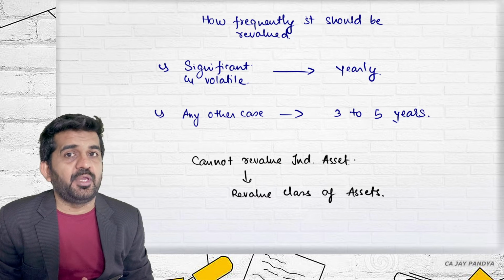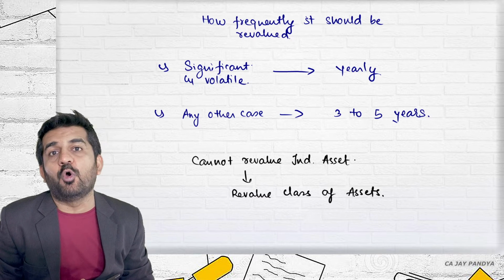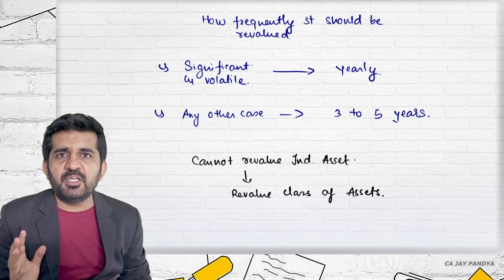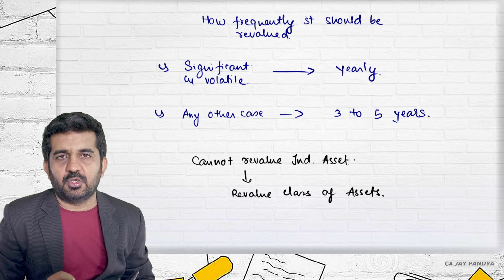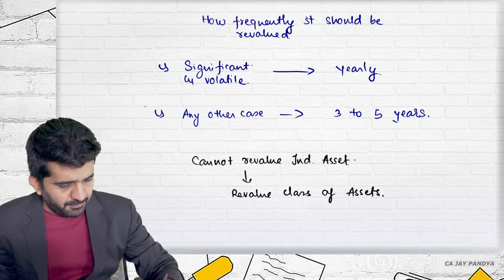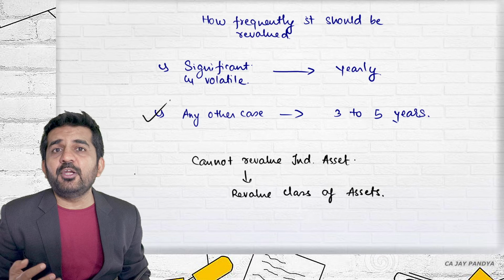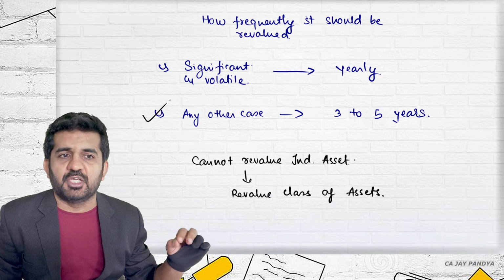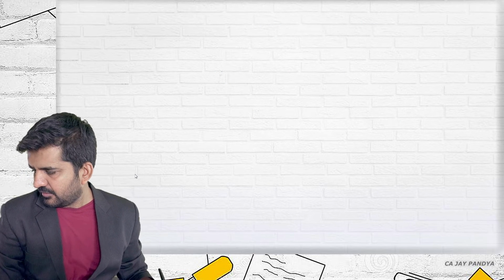If you are revaluing your one computer, you will have to revalue all your computers. Yes, you can do this: in 1 year, you will be revaluing all the buildings, and in the second year, you will be revaluing all your computers. This can be done. All right. But try to understand, you cannot just revalue one particular individual asset. Is it all right? Yes, you need to revalue your entire class.